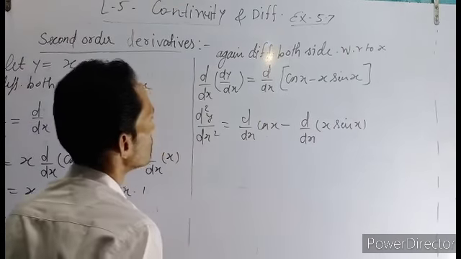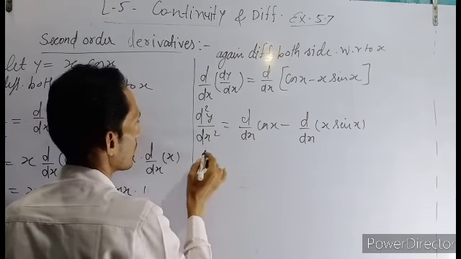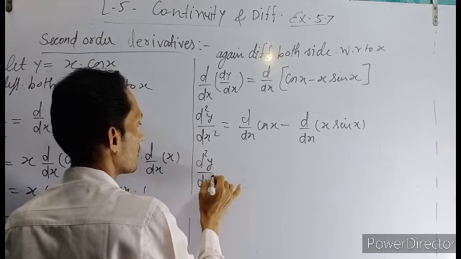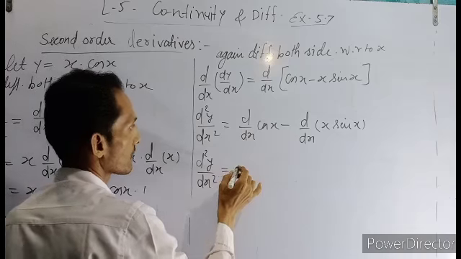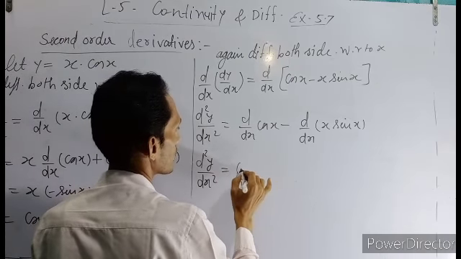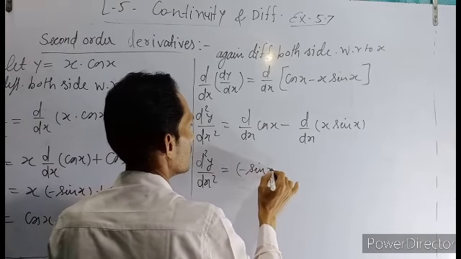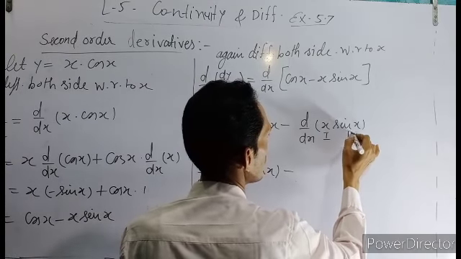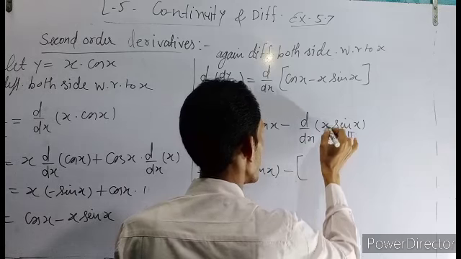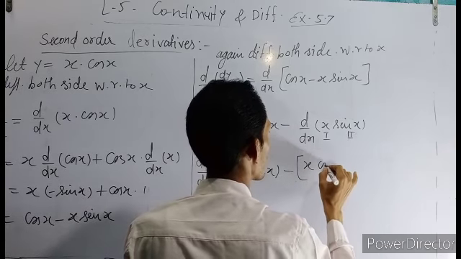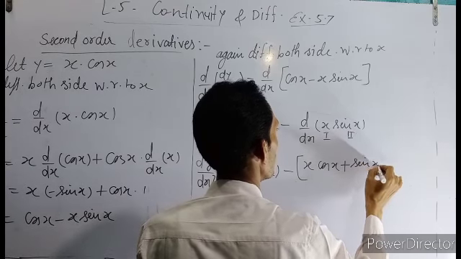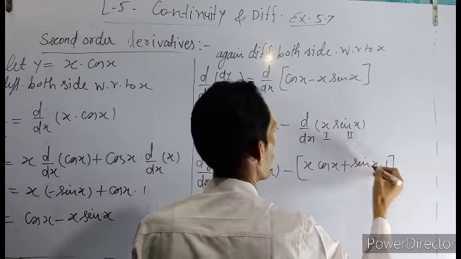Okay, d square y upon dx square equal to cos x, what was our differentiation, minus sin x, minus of, again use the product rule, first as it is, second derivative cos x, plus second as it is into first derivative 1.